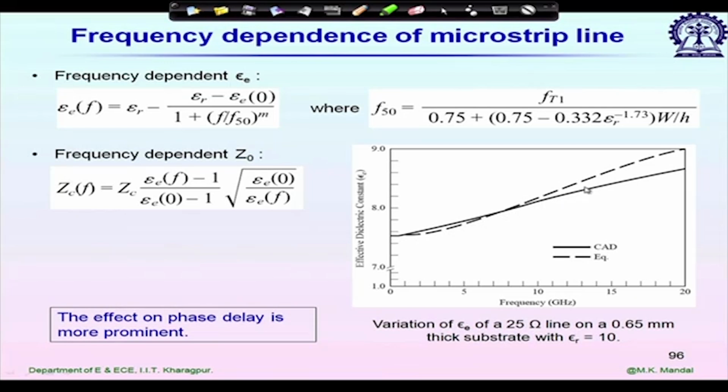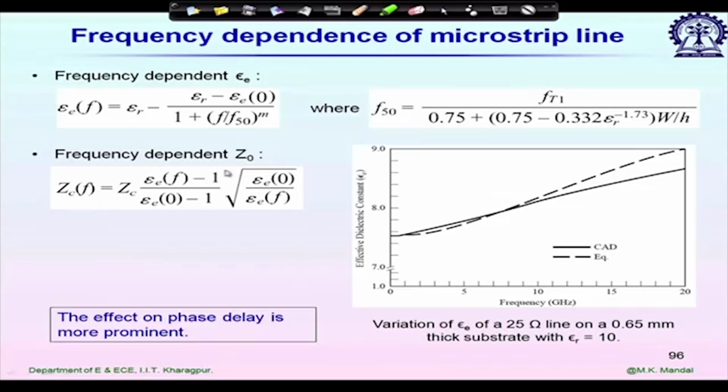So it almost follows this equation, and we see that it increases from DC to 20 gigahertz: at 0 it is approximately 7.5 and it increases to almost 8.5 at 20 gigahertz. So epsilon E is a function of frequency and increases with frequency.